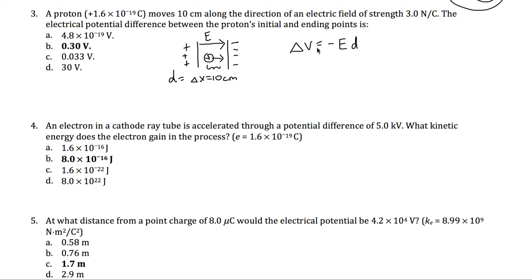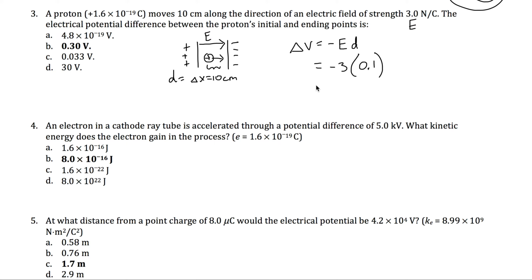That's what this equation is saying. So we're just going to plug in the field right here, and then the distance, 0.1, because we convert 10 centimeters to meters. And then we'll get 0.3.